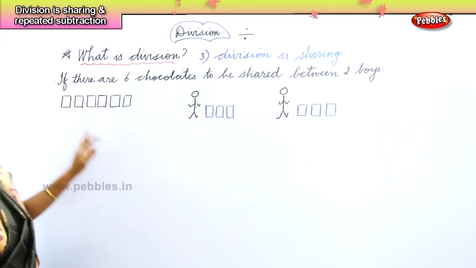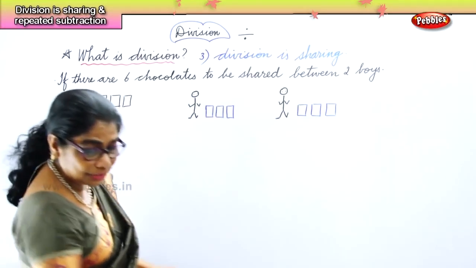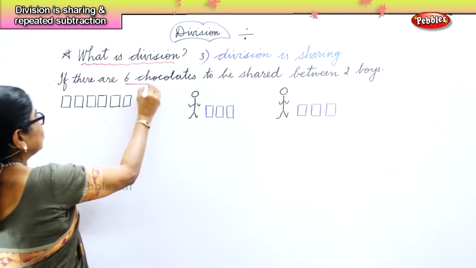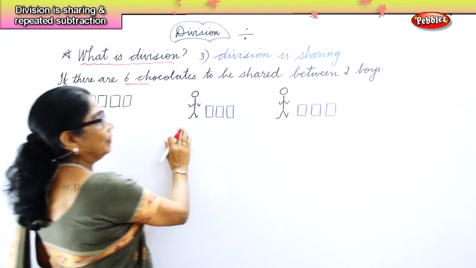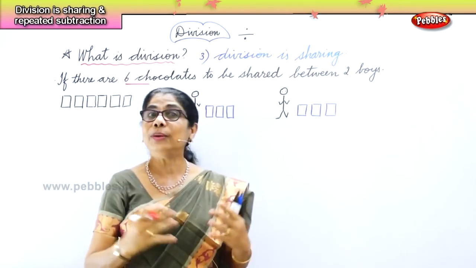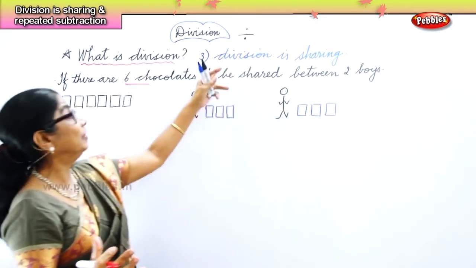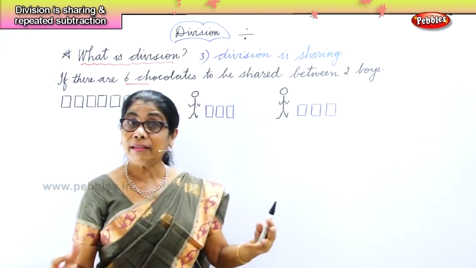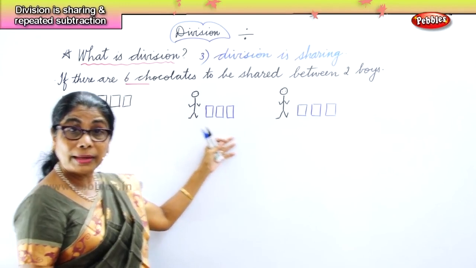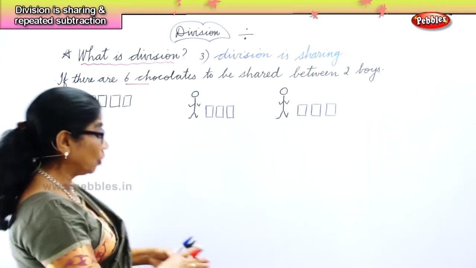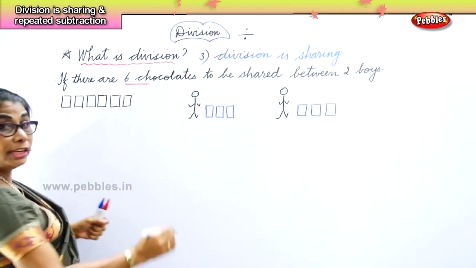Now we have 6. We said there are 6 chocolates, bits of chocolate. That is 1, 2, 3, 4, 5, 6. And we have 2 boys here and we are sharing. Division is sharing equally. So this boy gets 3 bits of chocolate and the other boy gets 3 bits of chocolate. Now, how many chocolates did we have?